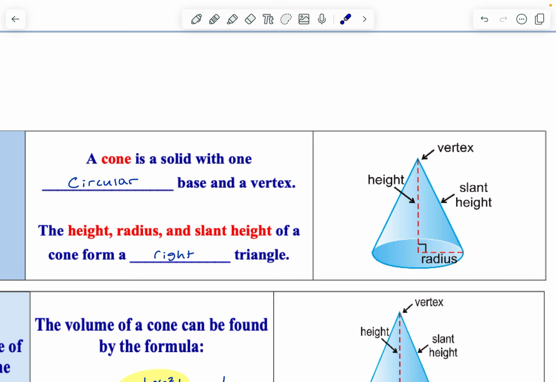The height, radius, and slant height would be on the lateral face, does create a right triangle, but again, as I mentioned, we will not have enough time to look at these problems where we're given the slant height or we're given the radius, and it involves the Pythagorean theorem. Or it could involve trig as well. But we're not going to have enough time to look at that.